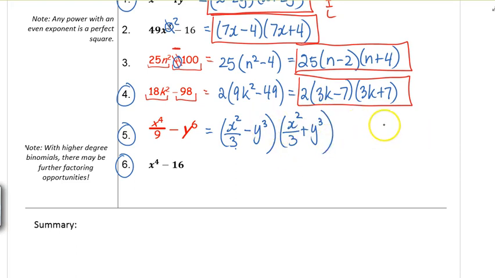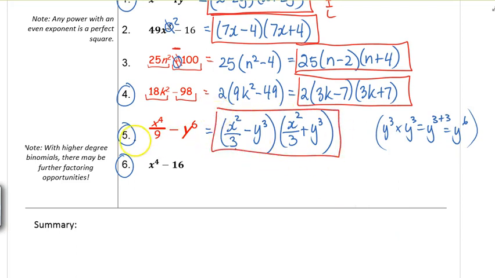Remember, when we multiply powers, we add the exponents, y cubed times y. Okay, so that's a little rule there to keep in mind. All right, any even exponent is a perfect square.